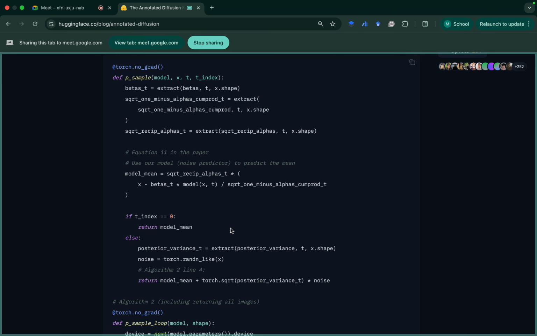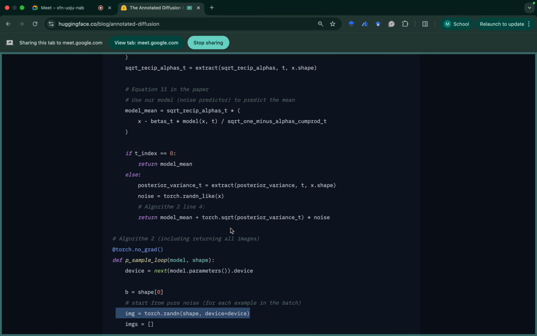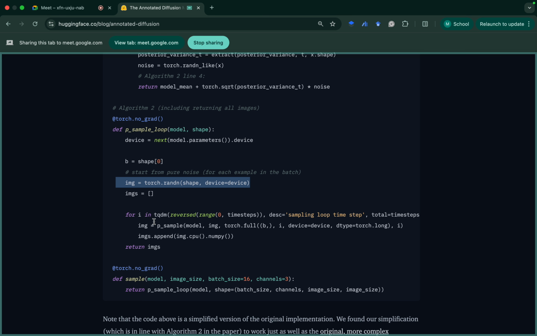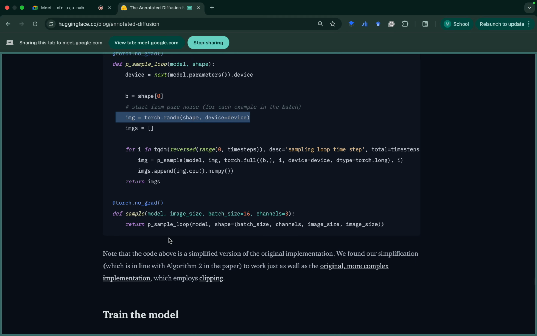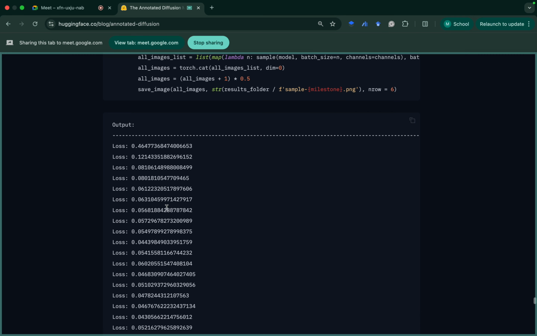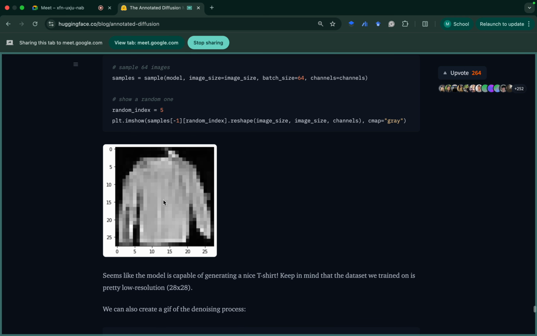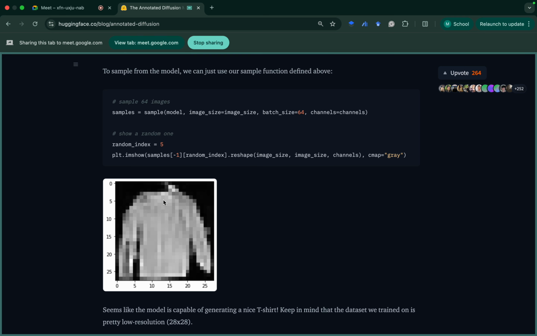You can carefully look at it from the paper and map it, but overall that's what it is. At every step I'm doing one step of denoising. Here they're just appending it so that they can see the whole denoising process. They're appending all of them.